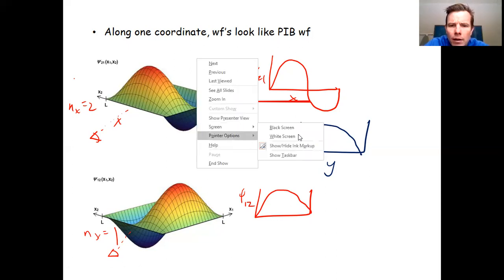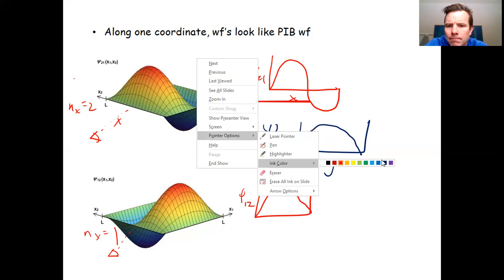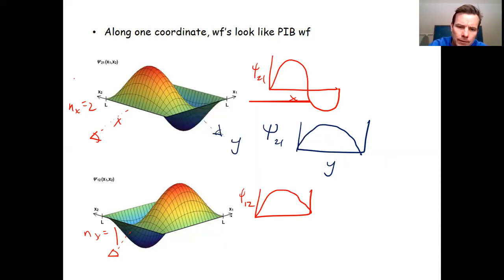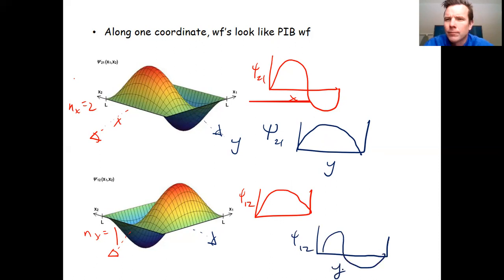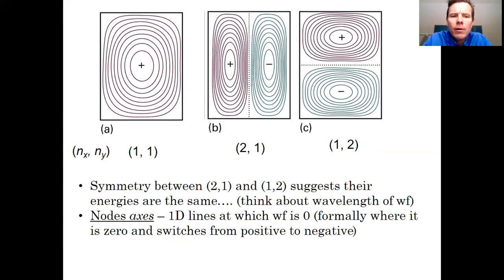And along y, it would be the opposite. Okay, so along any one coordinate, it looks like the particle in a box wave function.